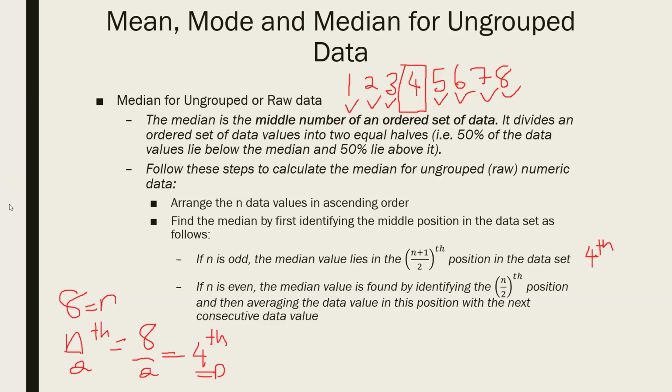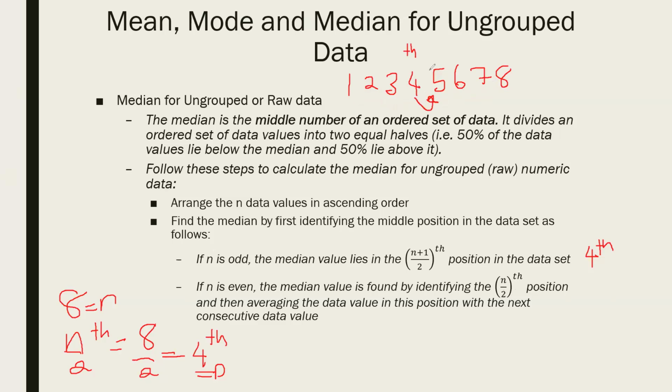So that's why they say if n is even, you first find the n over 2th position. In this case, it will be the fourth position. Once you get this fourth position, you add it with the next consecutive value.